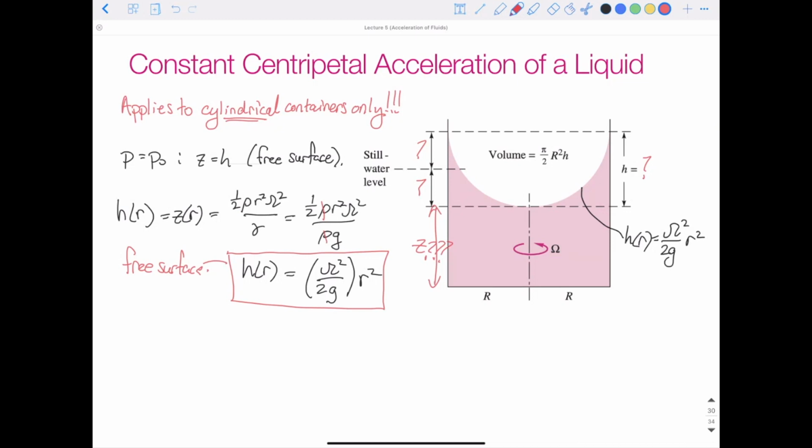The volume of the fluid that must exist is the volume of the fluid before, which let's call capital H. So capital H would be the resting fluid height.